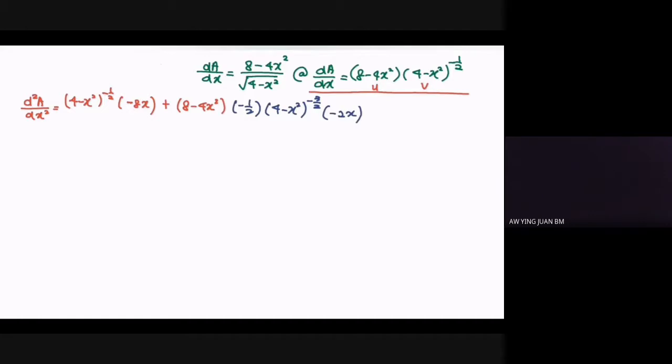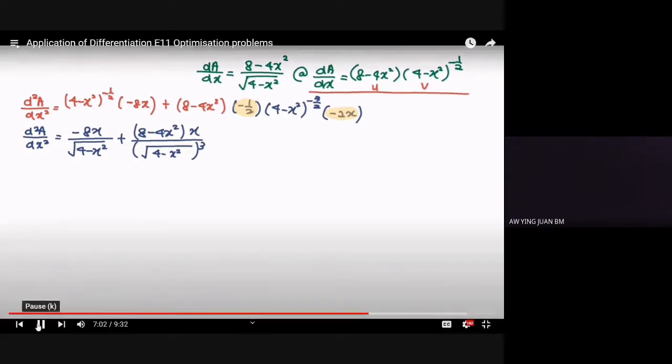Kindly simplify the situation. So second derivative will be equals to negative 8x over square root of 4 minus x squared plus, if we simplify the situation, we will have x. So in here, we will have 8 minus 4x squared multiply with x over 4 minus x squared. So here we have the second derivative.